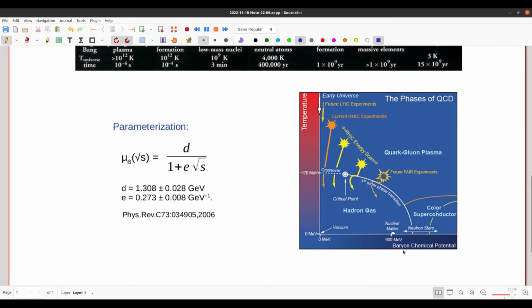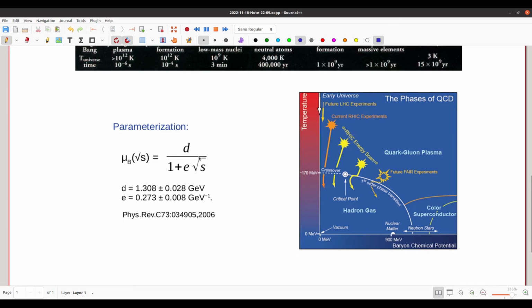It is a phase diagram between the baryon chemical potential, expressed in terms of mu b, and the temperature. We have a parameterization I took from this very well known paper, where D and E are already given because it is parameterized.